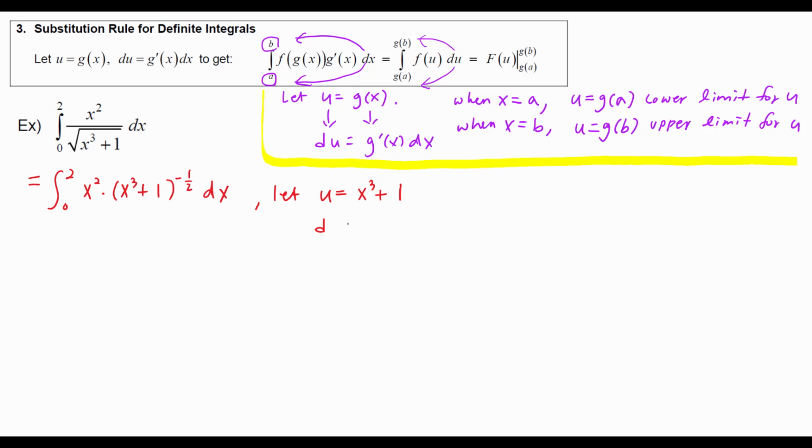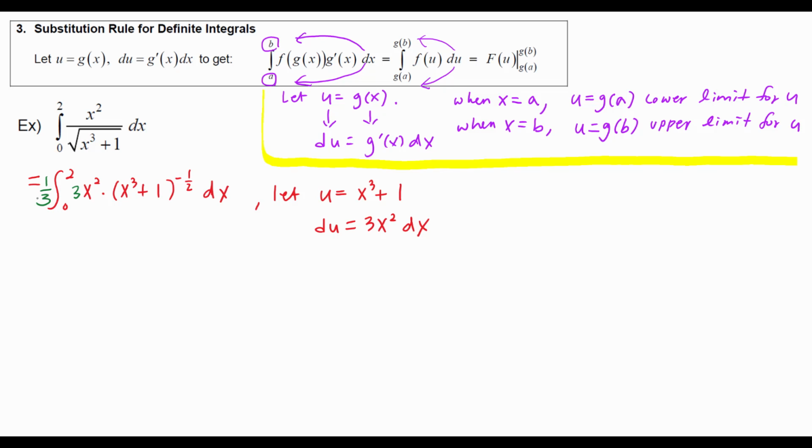Then my du will be 3x squared dx. I'm going to come back to my integral and I see that I have x squared dx for my du. I'm just missing a 3. So I'm going to multiply this integral by 3 and divide by 3, so that all I have done is multiply this integral by the quantity 1.